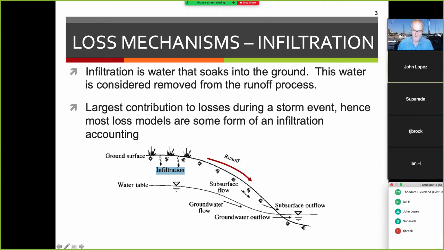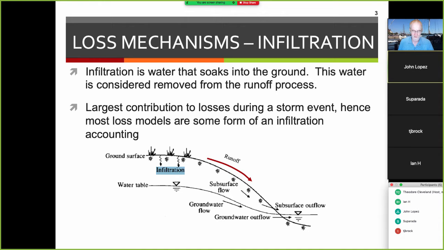So the subsurface flow is fast enough that it could be considered part of the direct runoff hydrograph. Generally, the groundwater flow would be considered slow enough that it's more of the base flow or the long-term hydrograph behavior. That's not always going to be the case depending on the questions that we're asking, but it gives a conveyance of the relative time scales of the processes.